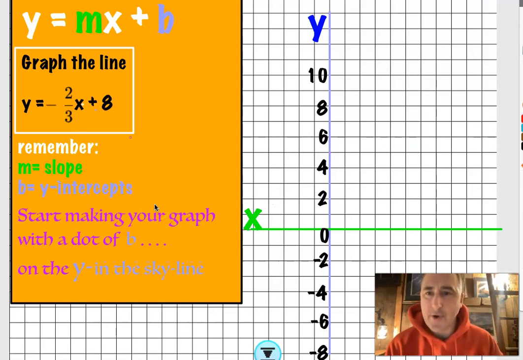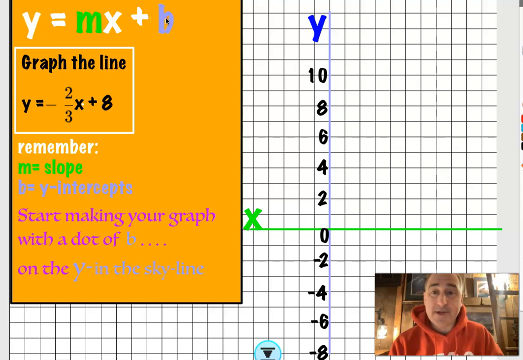Here again, we're going to graph a line. The equation of this line is negative 2/3 x plus 8. Remember that the fraction or number attached to the x is our ain't no dope. It's our slope. And our number that's all by itself is our b.